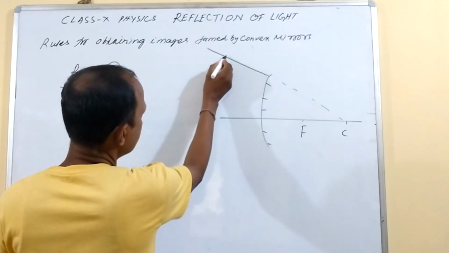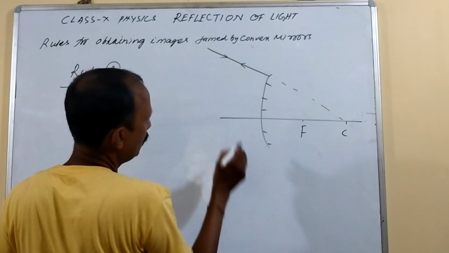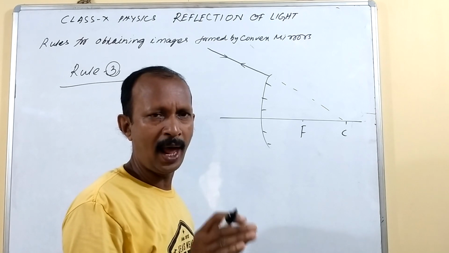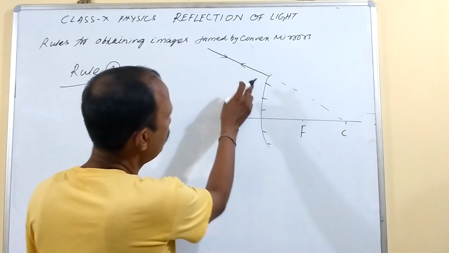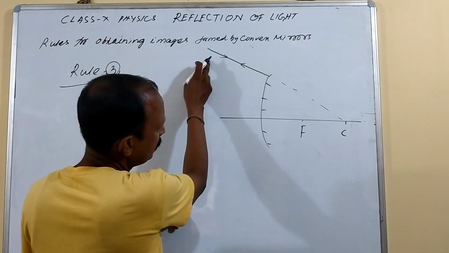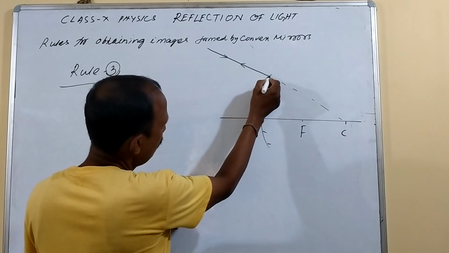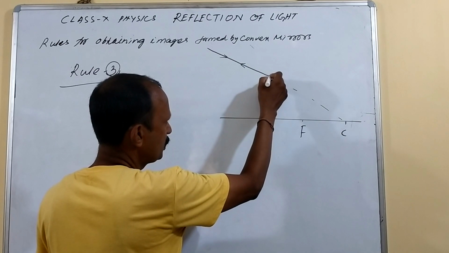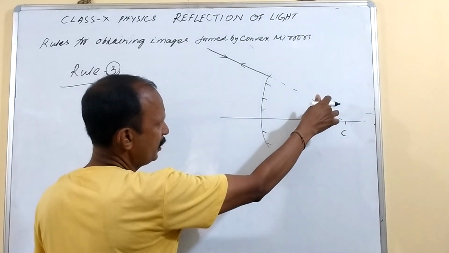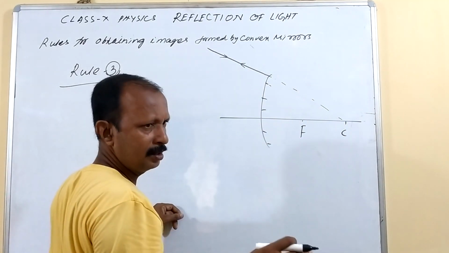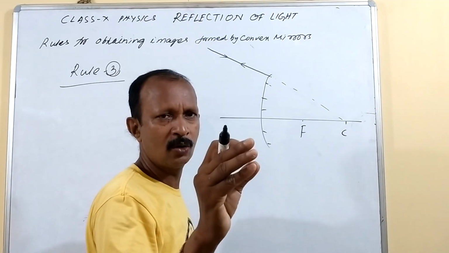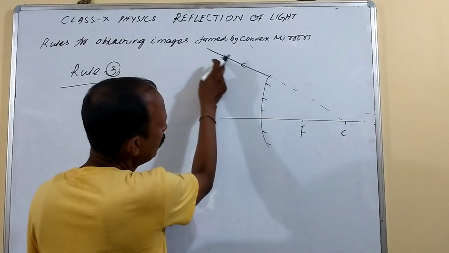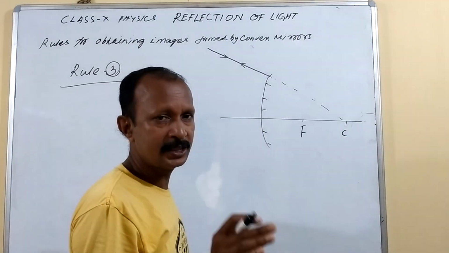If it comes towards the center of curvature, after reflection, it will go along the same path but in the opposite direction. You see that this is the point of incidence. Now if I draw the normal, this is the normal. Here the angle of incidence and angle of reflection both will be equal, that is equal to 0. That means how the light is coming, it will also go back along the same path.